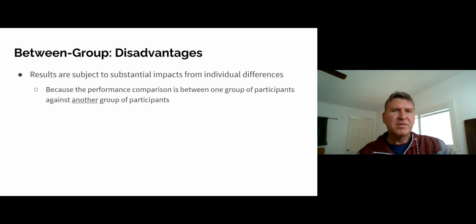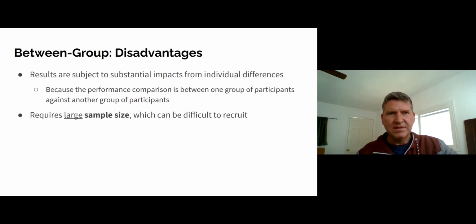And because the performance comparison is between one group against another group, we're assuming that all people, if we get enough subjects, are going to minimize the number of individual variances between the input. We'll talk more about that later this week.